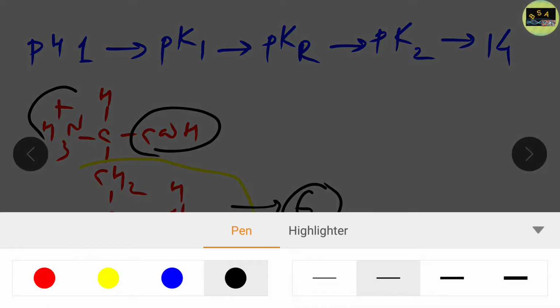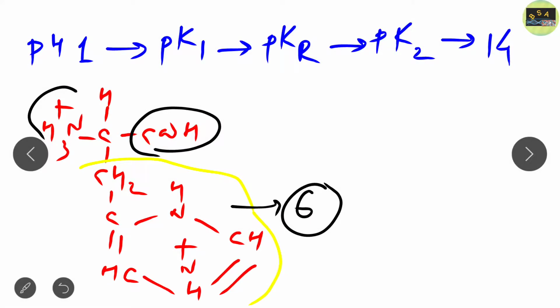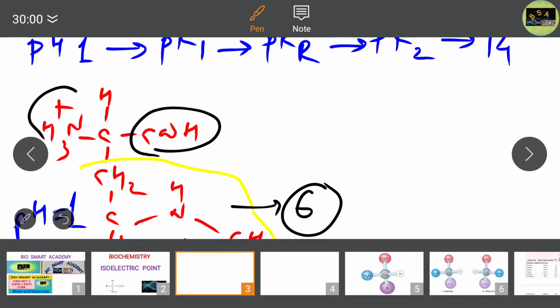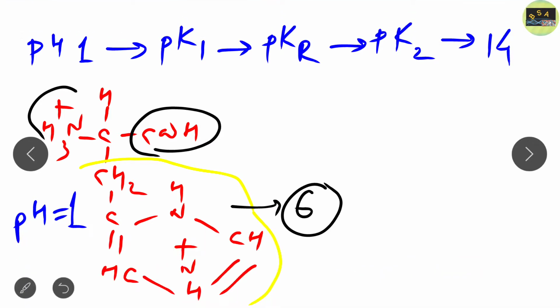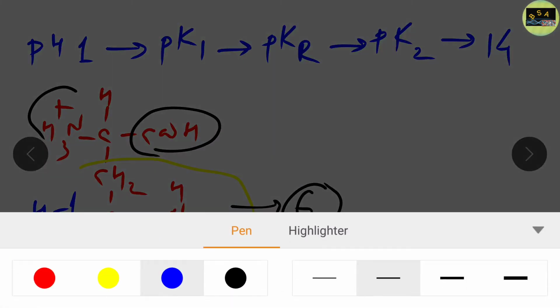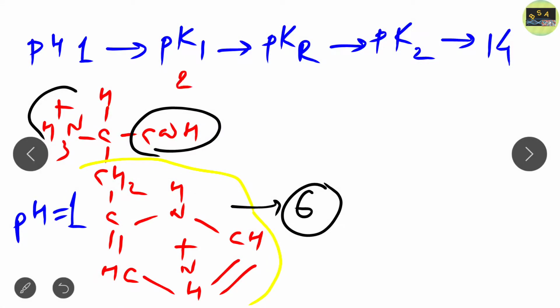Remember, first point is that this structure is at pH 1. Now when we move from pH 1 to pK1, what will happen? We all know that the pK1 value is 2. So when we move from pH 1 to pK1, this will remain as COOH.